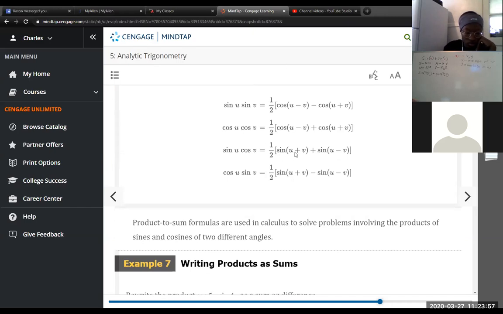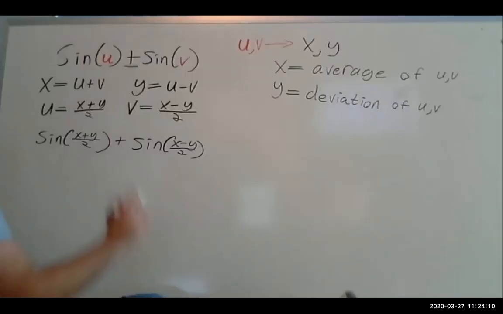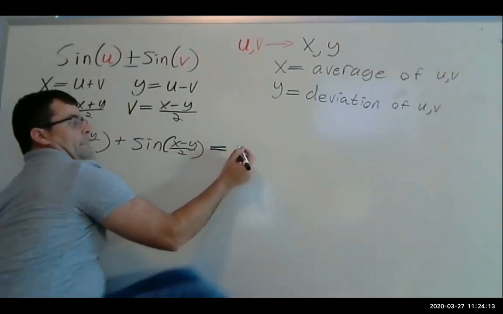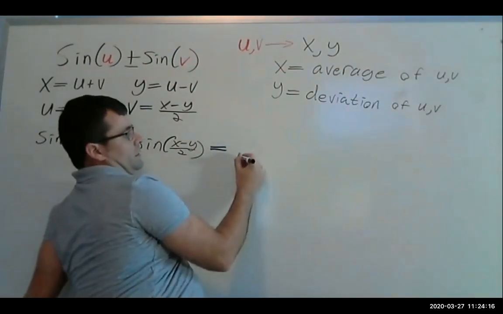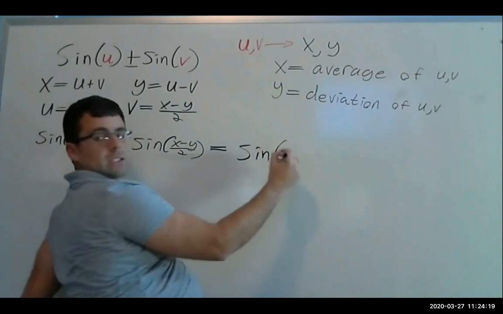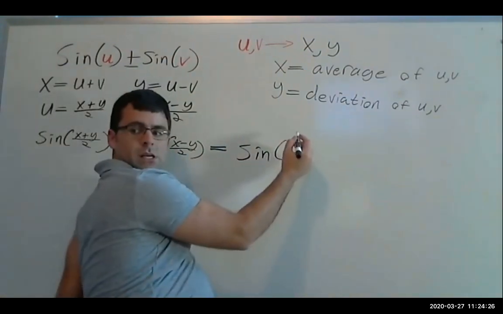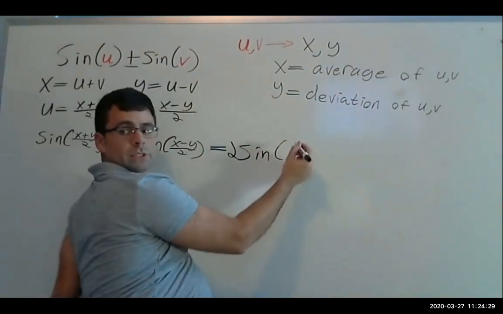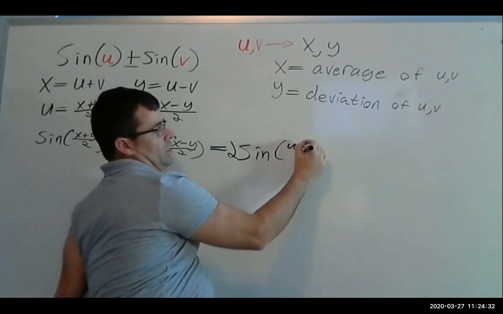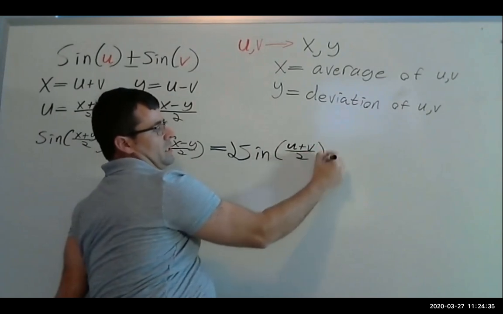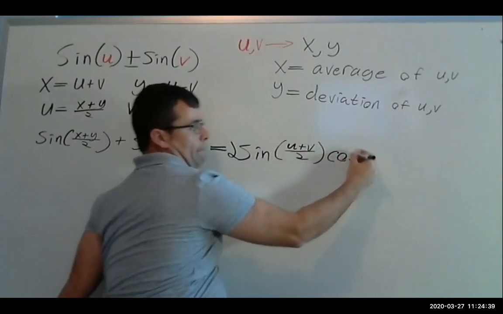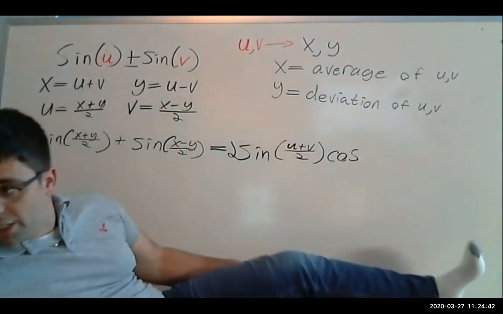So we have this one, sine of u plus v, sine of u minus v, which means that this thing should go to, oh, I'm sorry, 2 sine of u plus v cosine of u minus v.